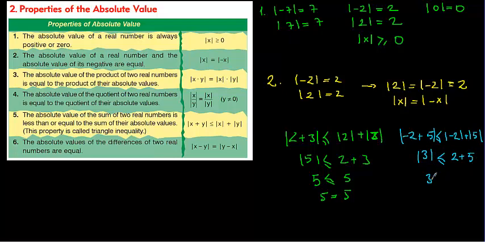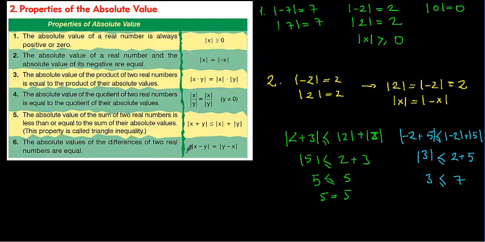So the absolute value of 3 is always less than or equal to absolute value of 7. If you choose with different signs, as you see, the absolute value of the sum is greater or equal to the sum of absolute values.